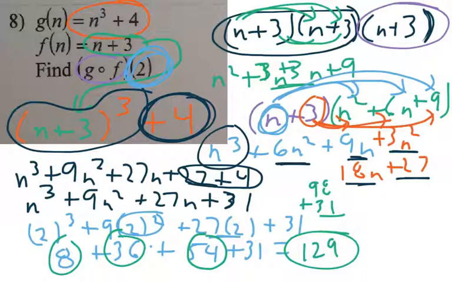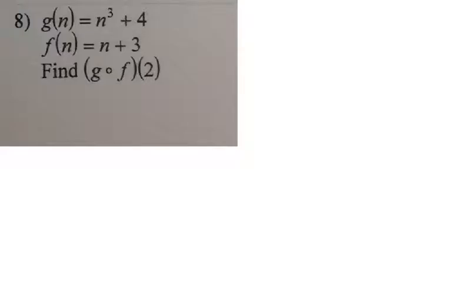Okay, so assuming I did everything correctly, we got 129, right? Well, let's start over again, but this time let's go a little bit more cleverly here. What does g of f of 2 really mean, guys, is I'm going to do g on f of 2, you see? So what I'm suggesting is let's do f of 2 first. So here's f up here, follow the green.